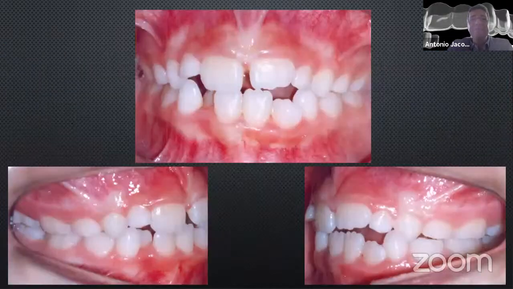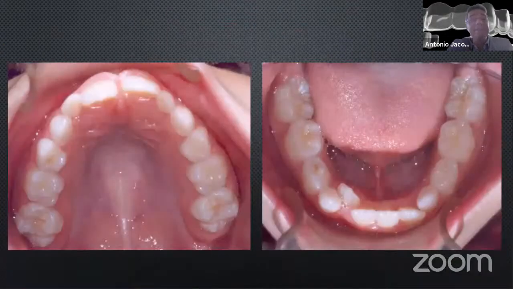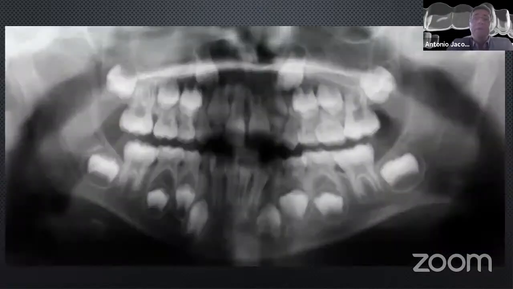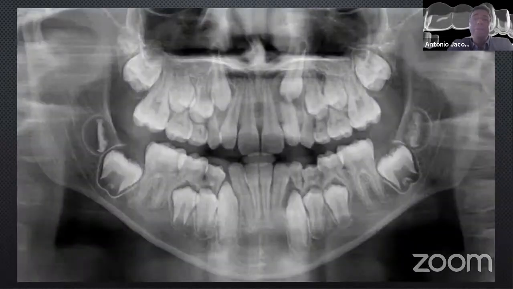This is my niece. She had a lack of space in both arches, and we always do a maxillary expansion for these cases. And then it was happening on the right side: the canine is very near the lateral incisor root.